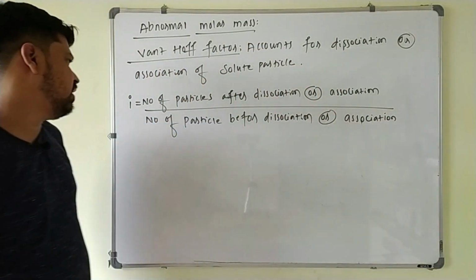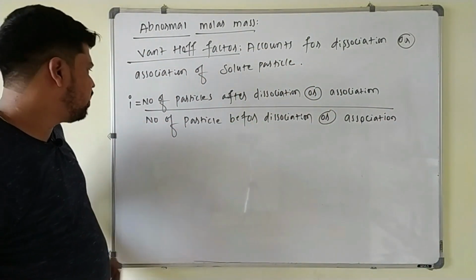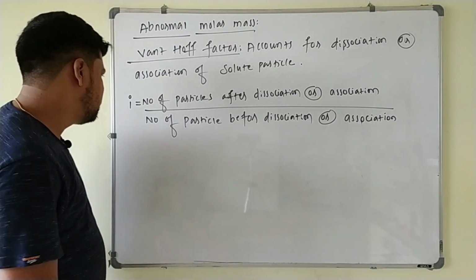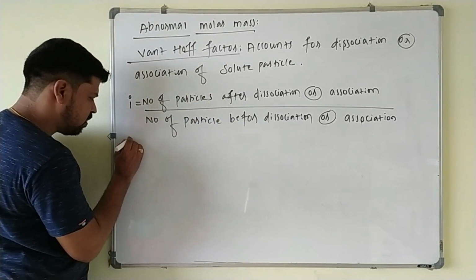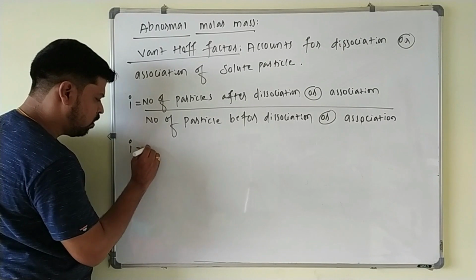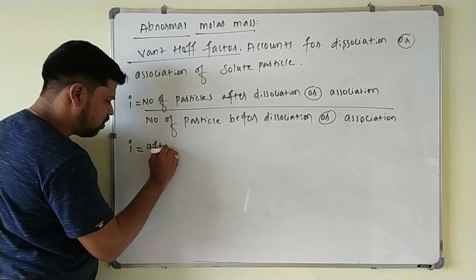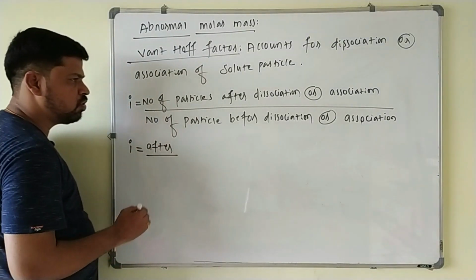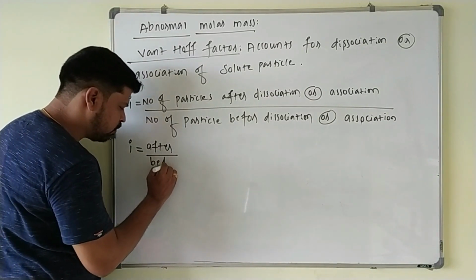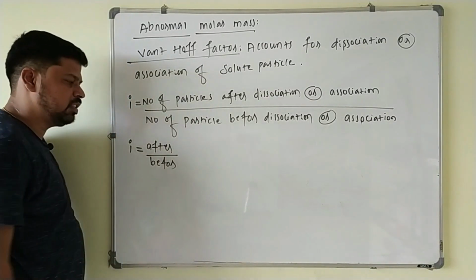So this is the formula to calculate the Van 't Hoff factor. In short, I will write i is equal to the number of particles after dissociation or association divided by before dissociation or association.